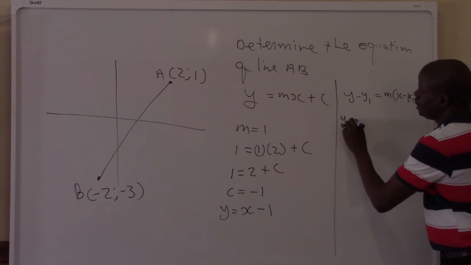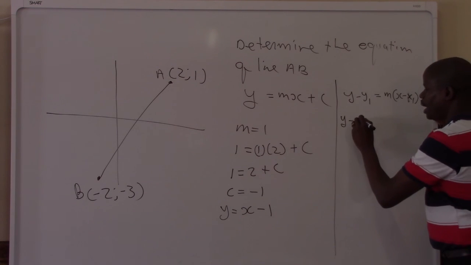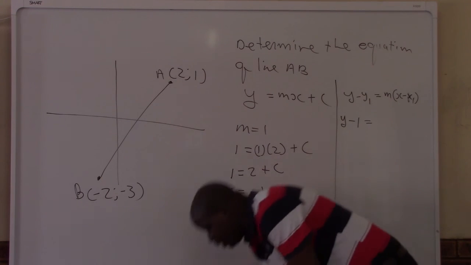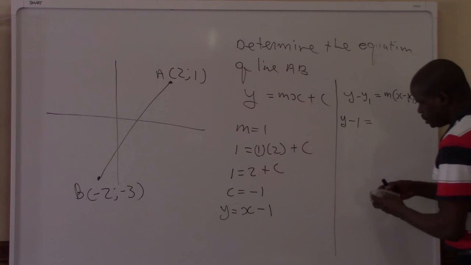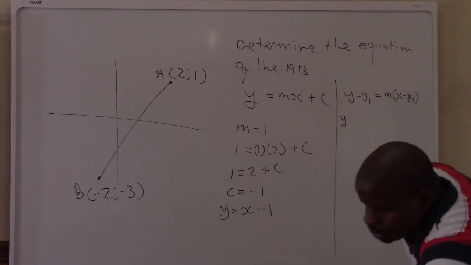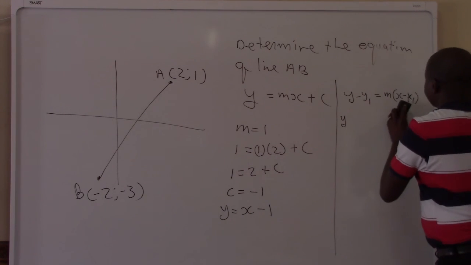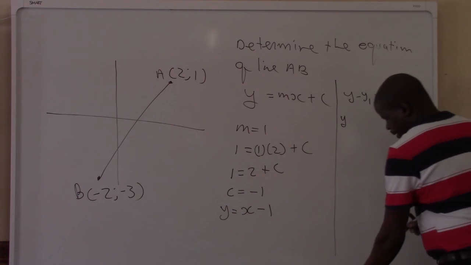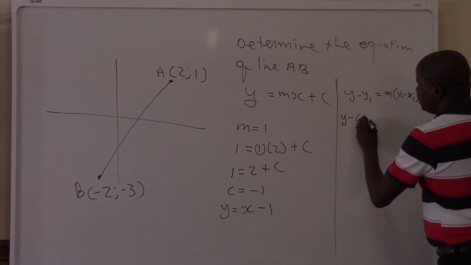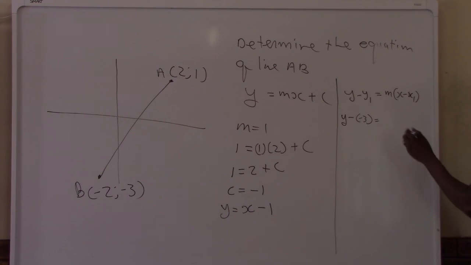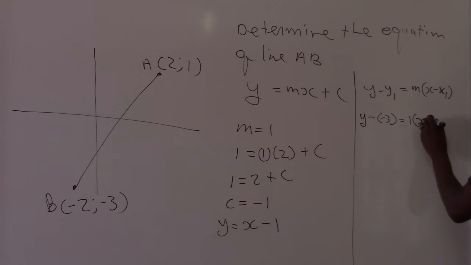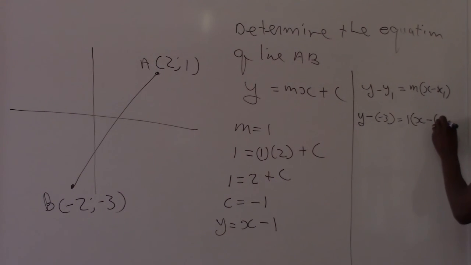For A, y is 1. But let's use the coordinates of B, so that even when you meet something that is negative, you know how to deal with it. So we may say y minus negative 3 equals m, which we said is 1 because we have calculated it, and then x minus, in this case, negative 2.